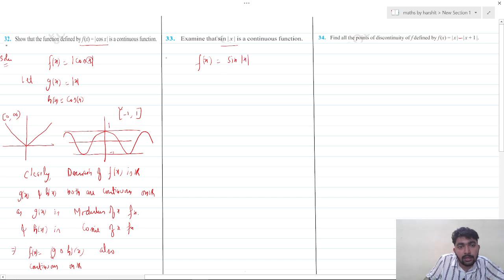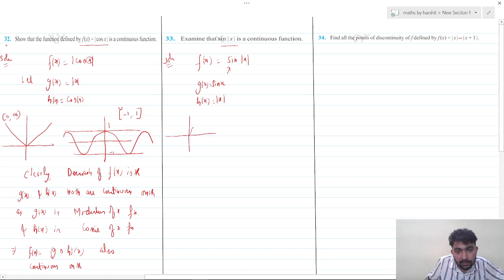Now the outer function I assume g of x is sine of x, and your h of x is mod of x. Okay, now how can we draw the graph of sine of x?